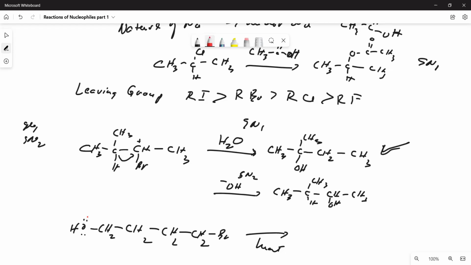What happens is that this one will attack this in a concerted manner, SN2, generating a cyclic compound. You will have now 5 central atoms, one of which is, of course, the oxygen there. And of course, you have the byproduct. So you will end up with this product. Okay. You call this an intramolecular SN2 substitution reaction.